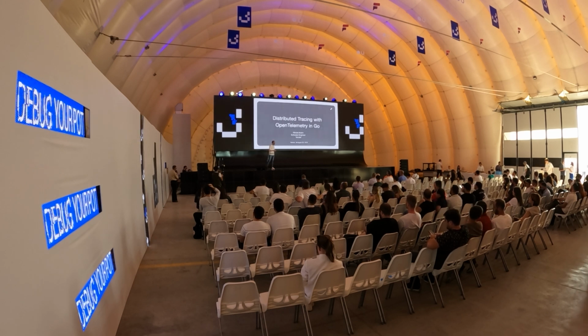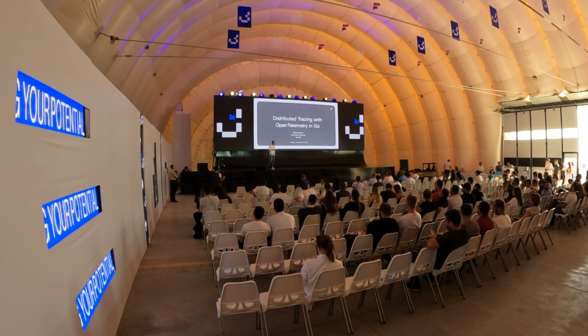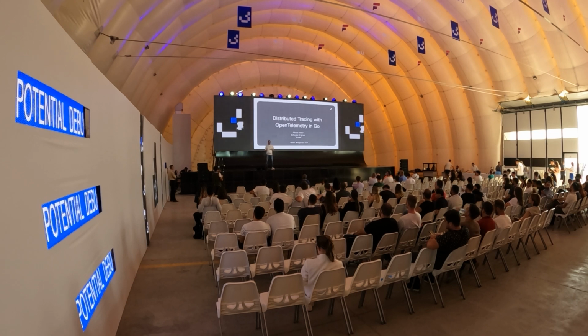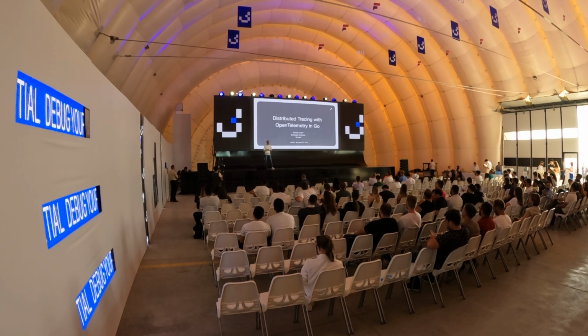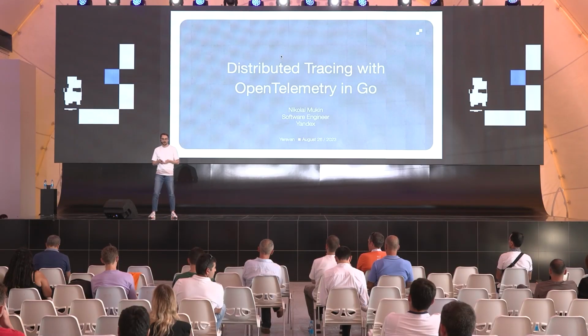Okay, let's begin. Distributed tracing is a part of a broader topic of observability. The more observable the system is, the better engineers understand how it works. Why is it important? Let's consider an example where a new release introduced an untested bug that slipped into the production system.